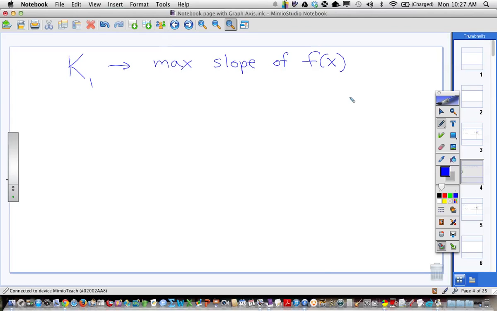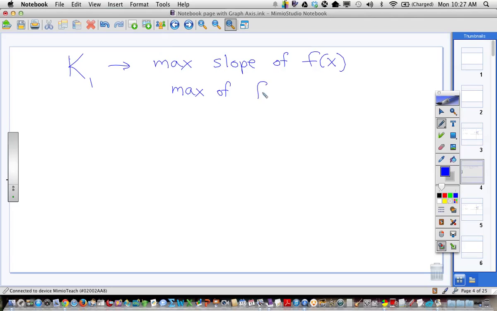A left and a right rectangle is going to have a lot of error, right? So we don't really care if it's positive slope or negative. So when I say a max slope, if the biggest positive slope it has is 2 and the biggest negative slope it has is -3, which is worse? -3. So here's what we're going to talk about when we talk about max slope. We're going to talk about the max, and the slope, of course, we just said is a derivative, f prime, right?